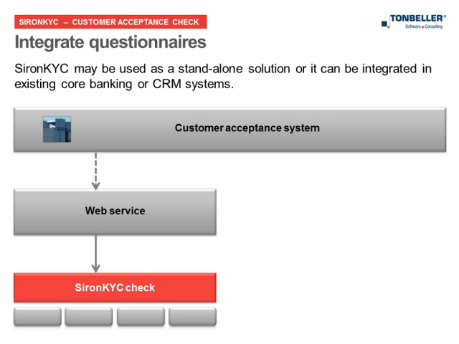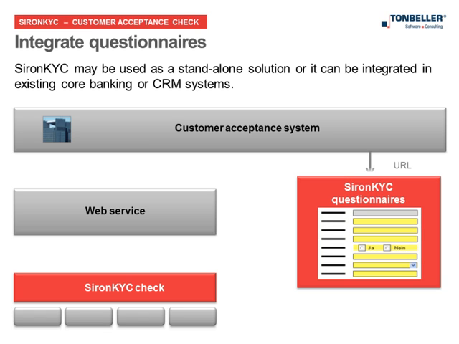In this case, Siron KYC uses the collected data and matches it with the lists using a web service. Mixed: your bank collects part of the questions itself and opens a URL to the questionnaire to complete the customer acceptance questions. The risk classification is returned to the core banking system in order to synchronize both systems.